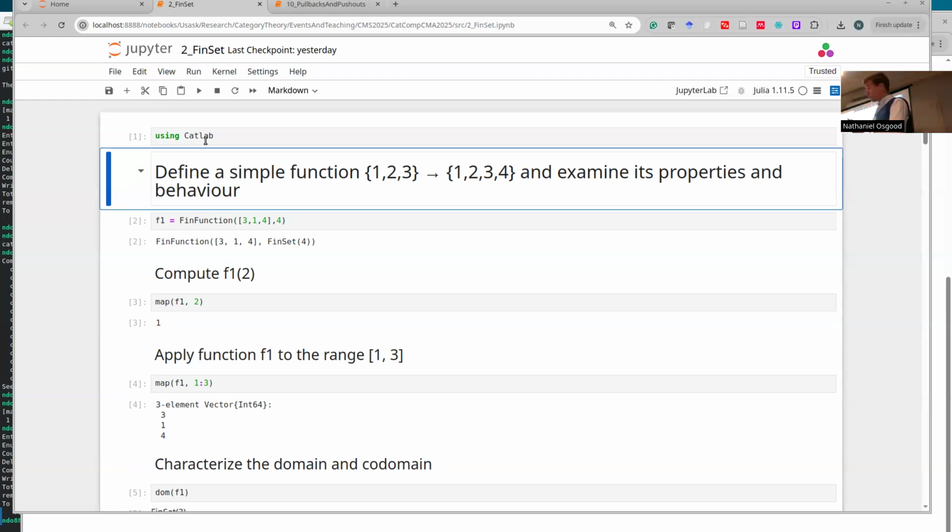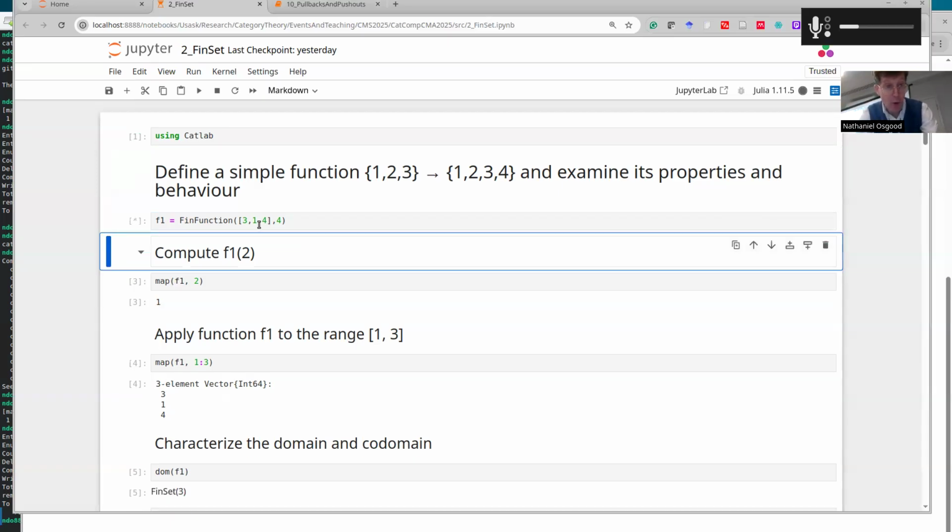And we're going to define such a function within here, a function between two sets. A set of size 3, 1, 2, 3, and then a set of size 4. That's what's indicated by this 4. I could actually have put FinSet 4, and it would have understood that as well.